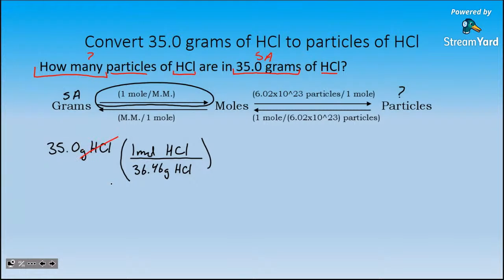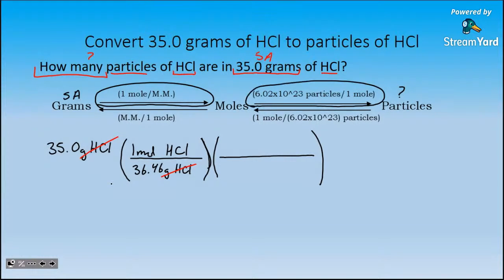After this first step, grams HCl would cancel. And again, I could go on and work this and find my moles of HCl and then do the second step. I prefer to string it all together. So my second step, I would take and convert moles to particles. And for that, I would need Avogadro's number of particles of HCl, which we could also refer to as formula units, per 1 mole of HCl.